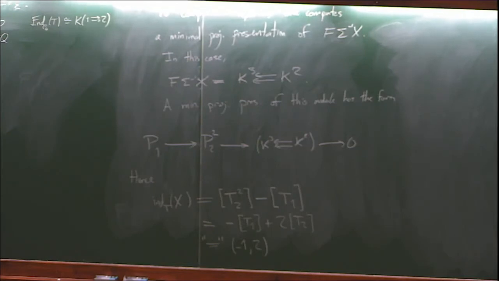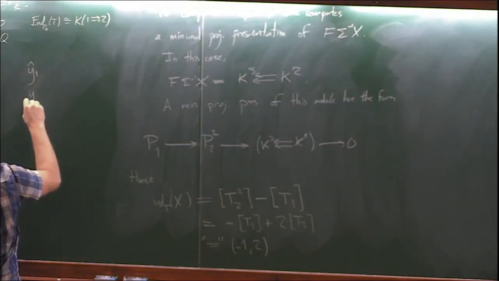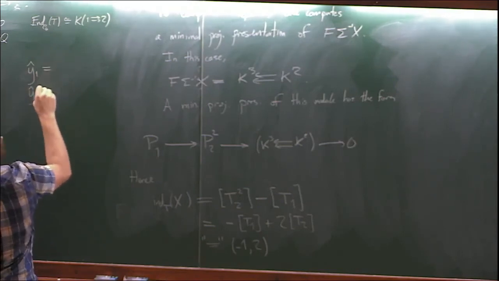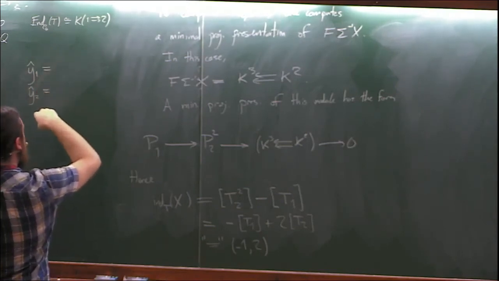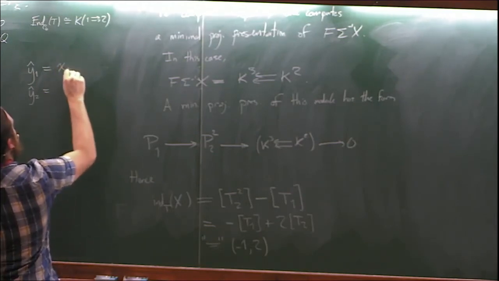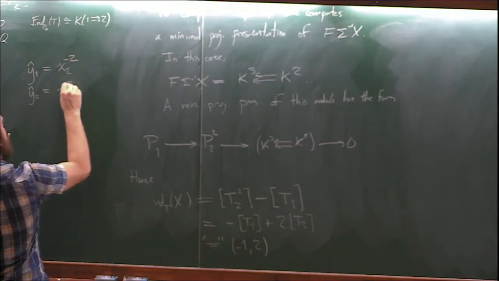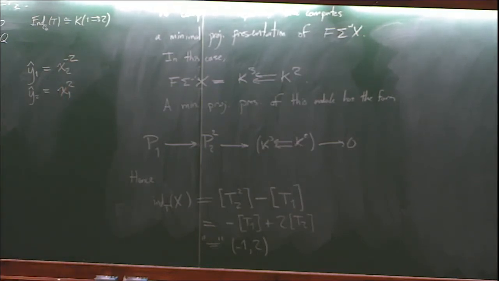What is y1 hat? And what is y2 hat? You have to look at all arrows going into 1 and all arrows coming out of 1. There are 2 arrows coming out of 1 going to x2. So you get something like this. And similarly, y2 hat is something like this. This is just an application of the definition of y hat.